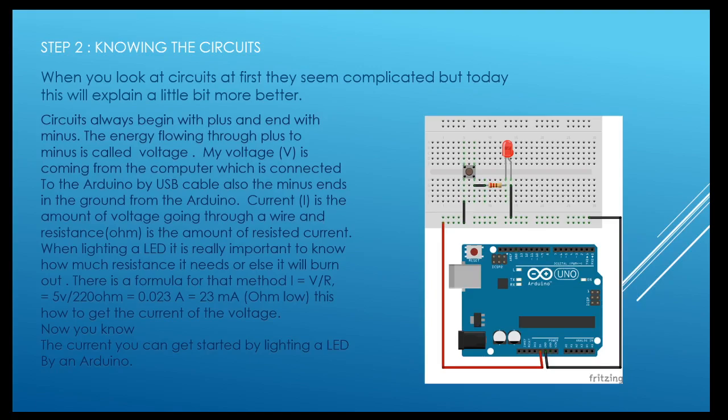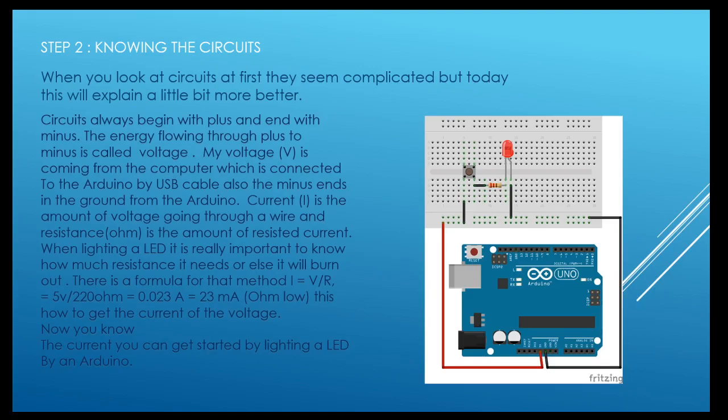It has to resist how much electricity goes through the LED. That's resistance, ohm. But you have to figure out how much resistance you need because there are different types of resistance. It's the amount of resisted current. When lighting an LED, it is really important to know how much resistance it needs or else it will burn out.